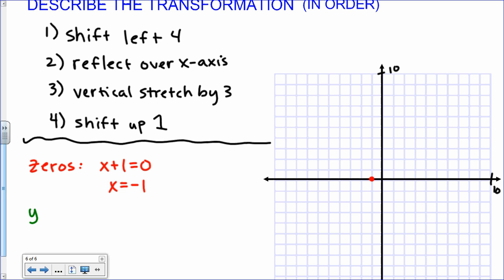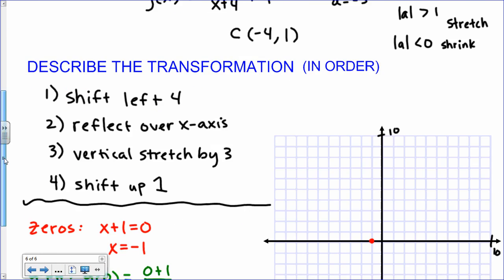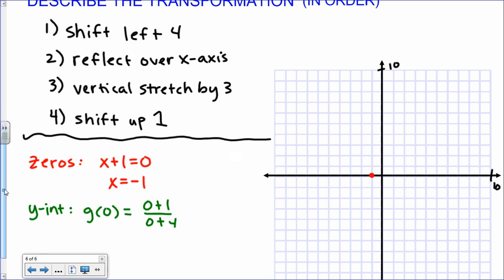A Y-intercept, plug in 0 for x. Just go back to your original. So that's 1/4. So (0, 1/4). Okay.